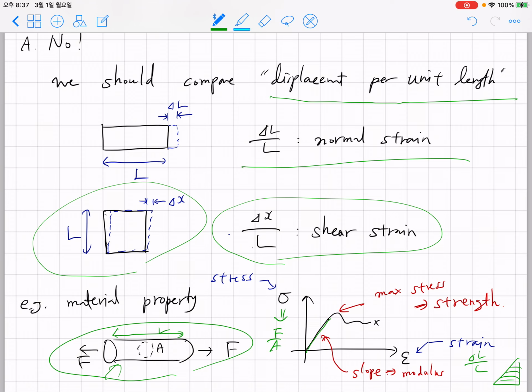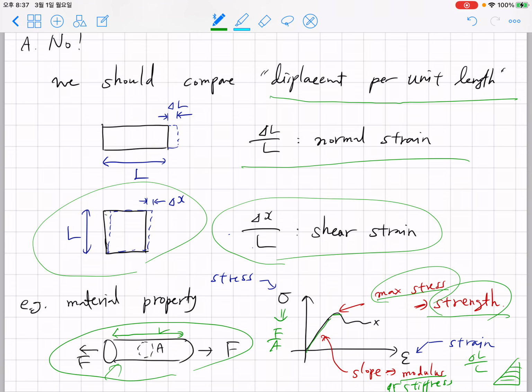We call this slope the modulus or stiffness of the material. At some point, when stress touches some maximum, the material will start to fail. We call that strength. The maximum stress on this stress strain curve is called the strength.